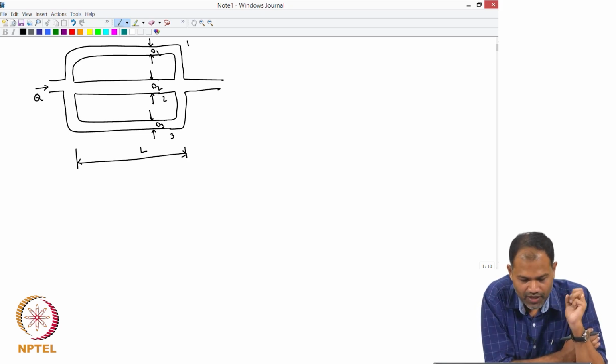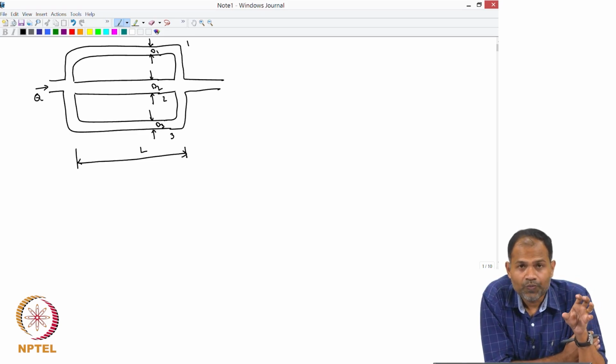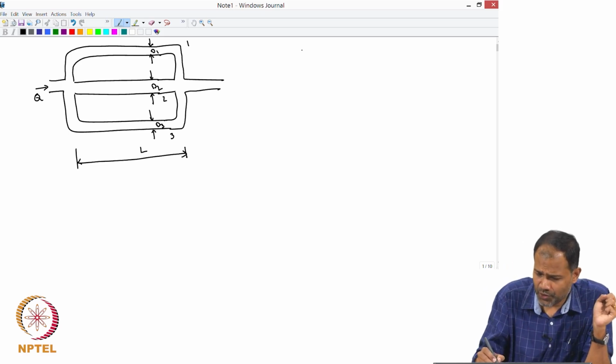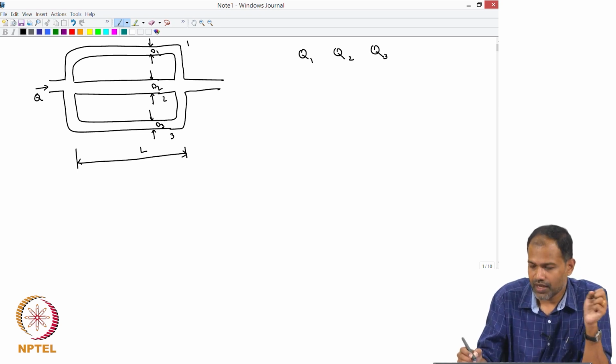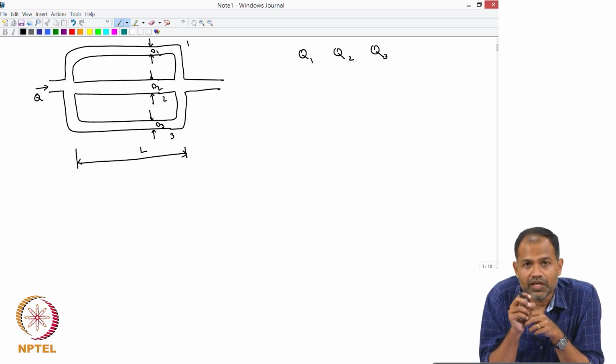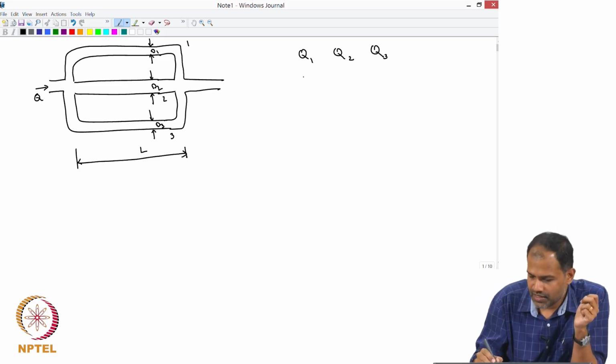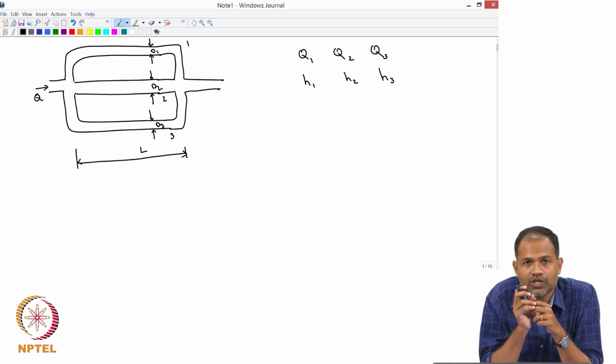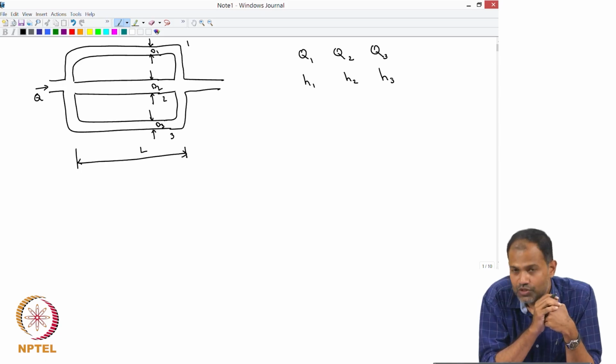So this is the configuration, and your interest is to connect the relation between Q and pressure drop. Let us say Q1, Q2, Q3 are the flow rates through each of the pipes, and H1, H2, H3 are the head losses through each of the pipes.